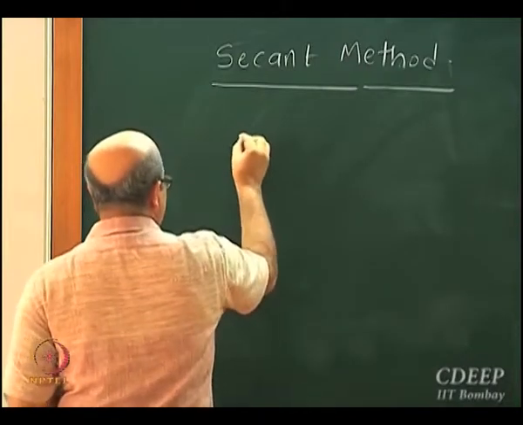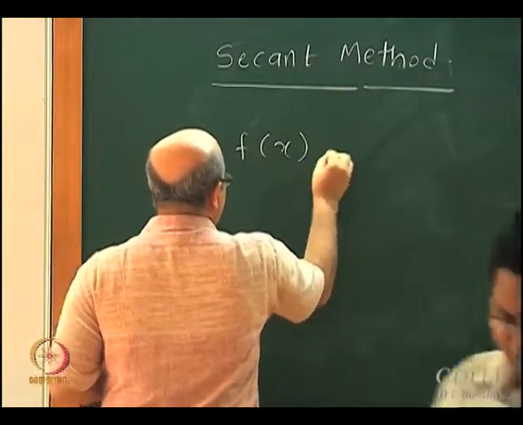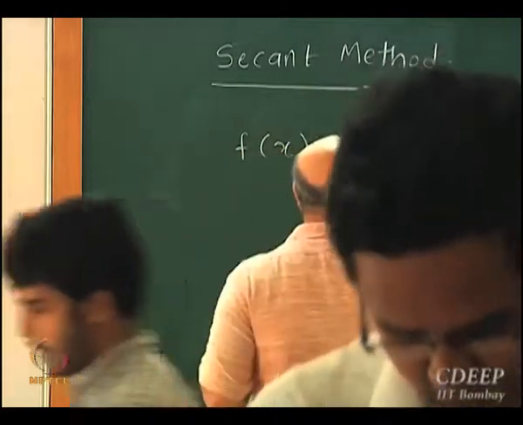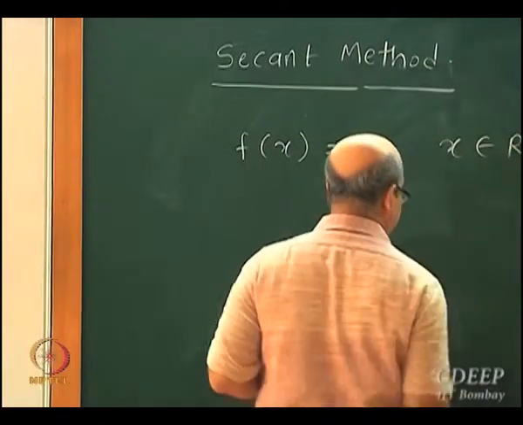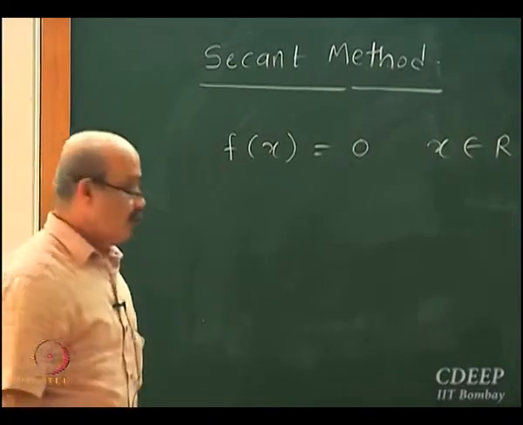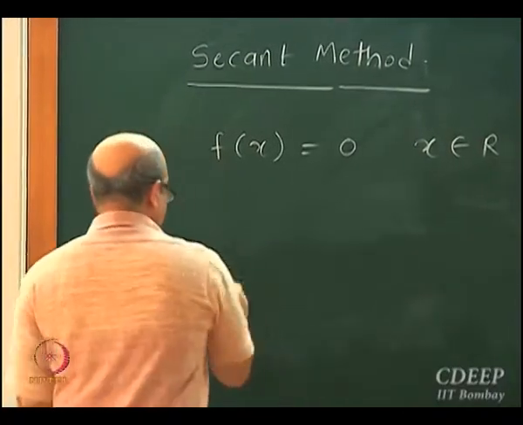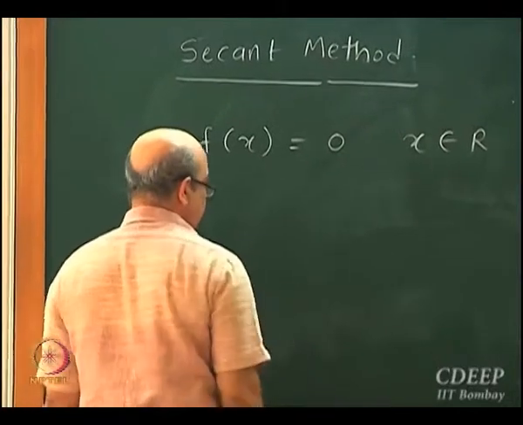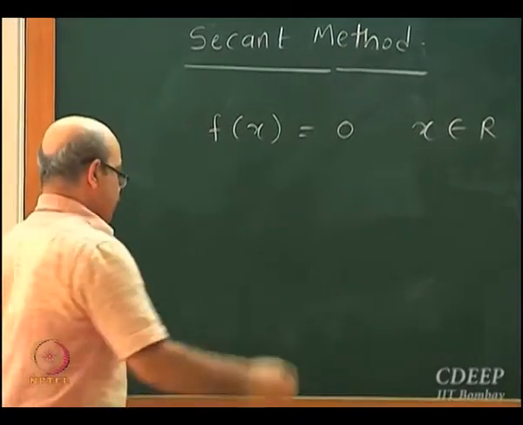So secant method: I want to solve for f of x equal to 0, x belongs to R, a univariate problem.